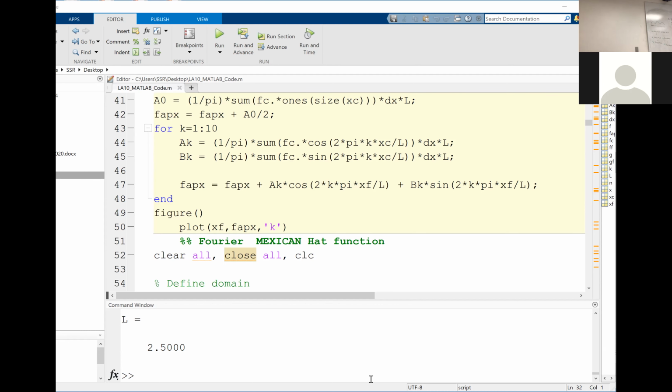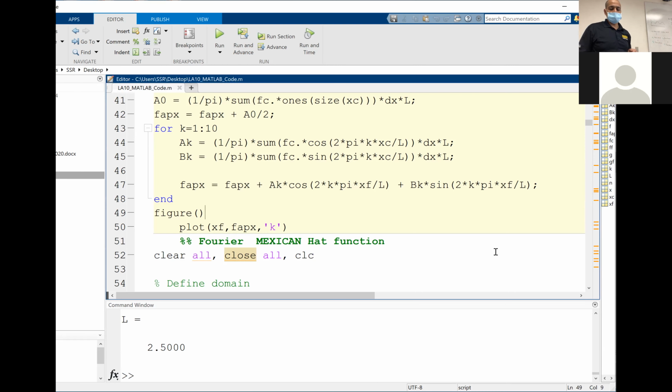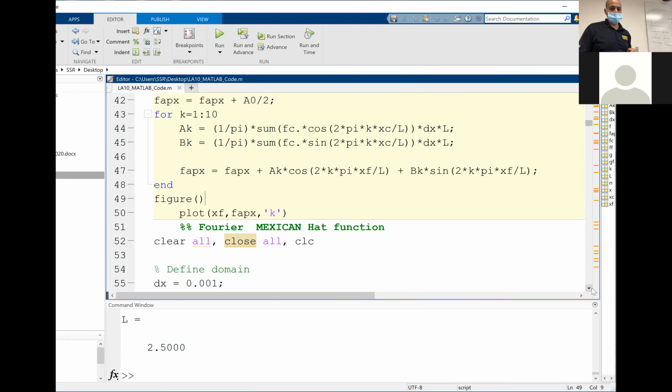So if you are given a discrete set of data and you construct a function representing it using the interpolation function, and now you want to find the inner product of these two, that is going to look like an inner product of these two continuous functions. So figure number 2 gives you the inner product of continuous functions.